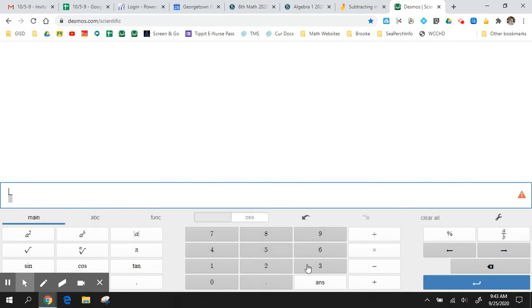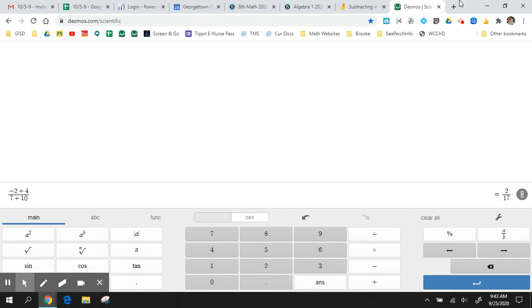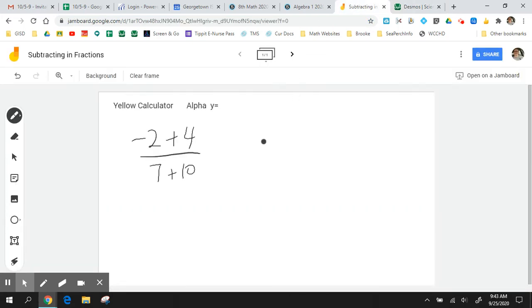Okay, it was negative 2 plus 4, down here, 7 plus 10. So it gives us this really, really long decimal. I definitely don't want to write that. I'm going to write my fraction: 2 over 17 is my answer.